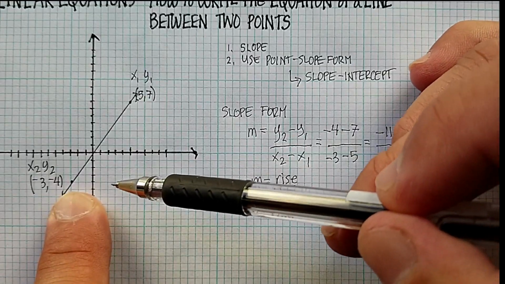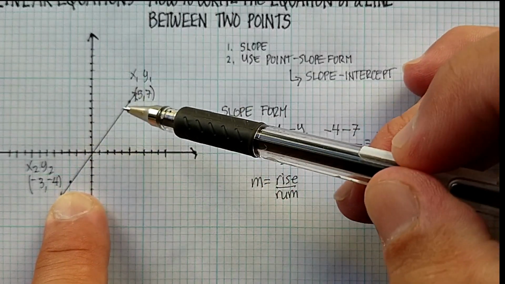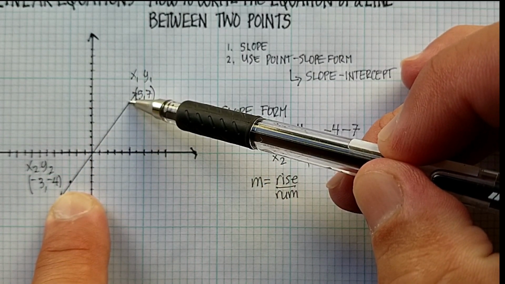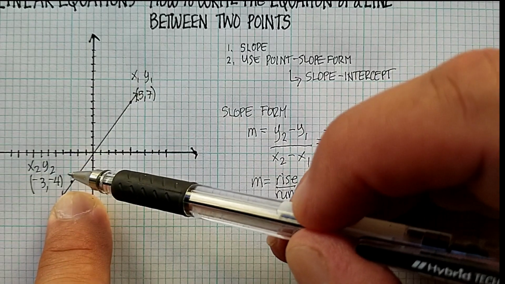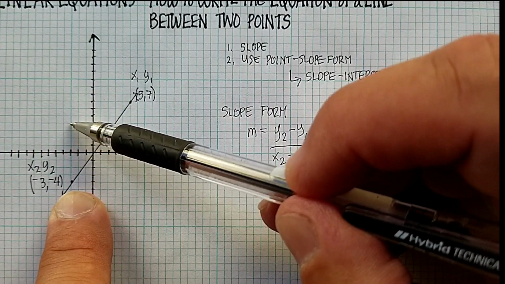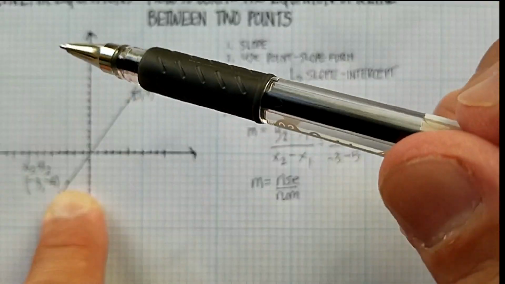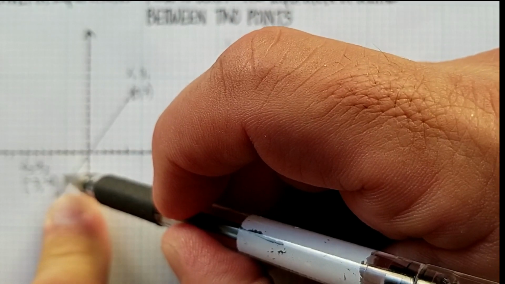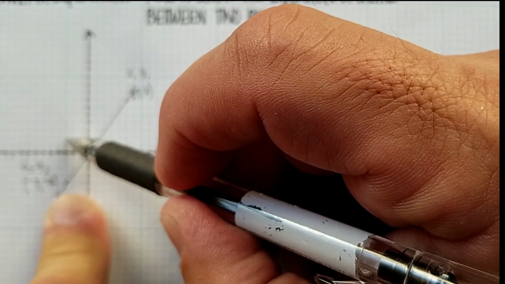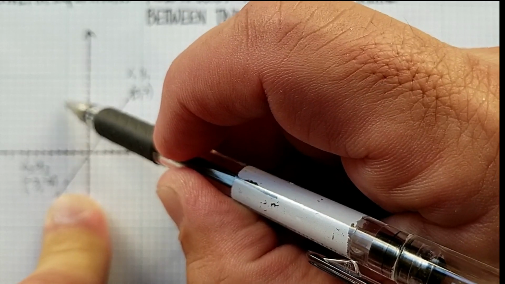If I were to start here at this point and I were to count all the way up to the same level as this point, 1, 2, 3, 4, 5, 6, 7, 8, 9, 10, 11.